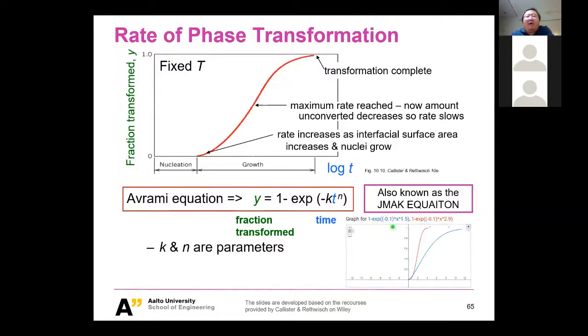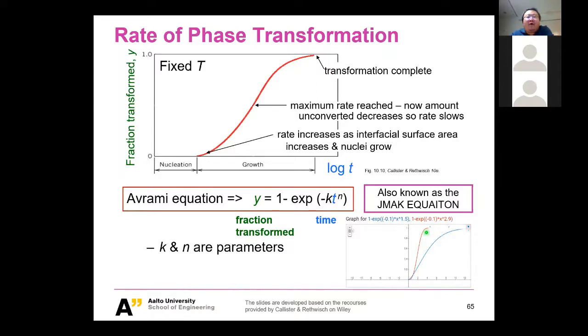The blue one corresponds to a smaller n, which is 1.5, the exponent here. And the red one gives you the expression for a large n, 2.9. You can see that with n, you are really changing the shape of your transformation rate. This one is rather slow, and this one becomes very fast. You can reach the full transformation very quickly.